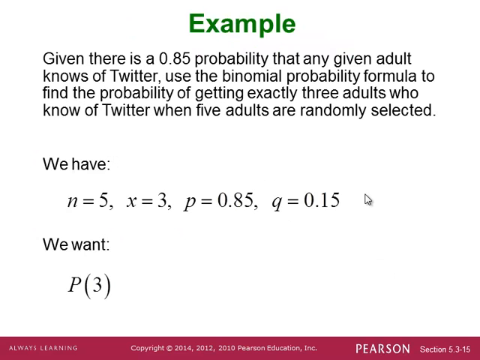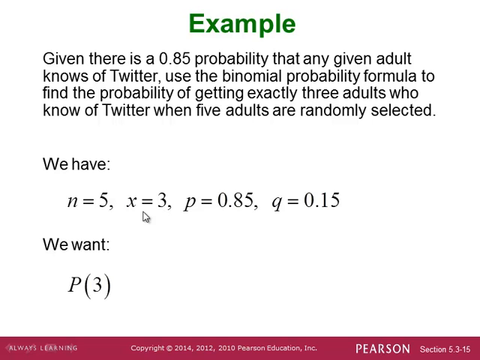Okay? So here's an example. Here's our one example that I'll show you. Every other example is very similar. You need to know the number of trials, which in this example is 5. And then you want to calculate the probability of having 3 successes.